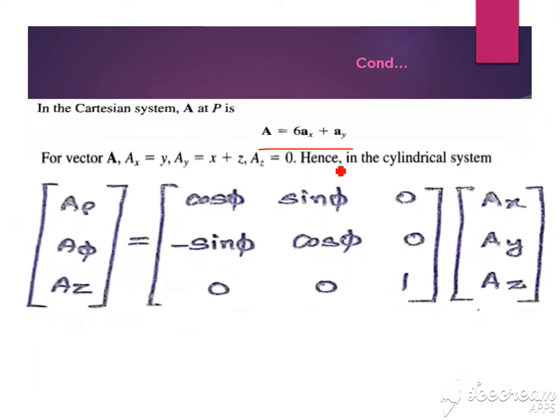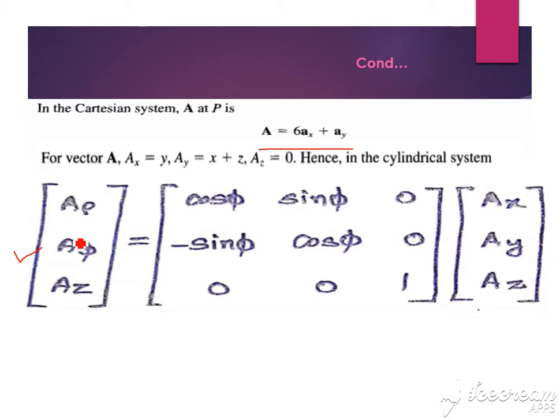In the cylindrical system, A rho, A phi, Az, this is the formula. In a previous lecture I explained how we can remember this formula in the easiest way. First remember the formula for Cartesian, and from that we can derive the expression for cylindrical. If anyone doesn't remember that point, please go through the previous lectures.